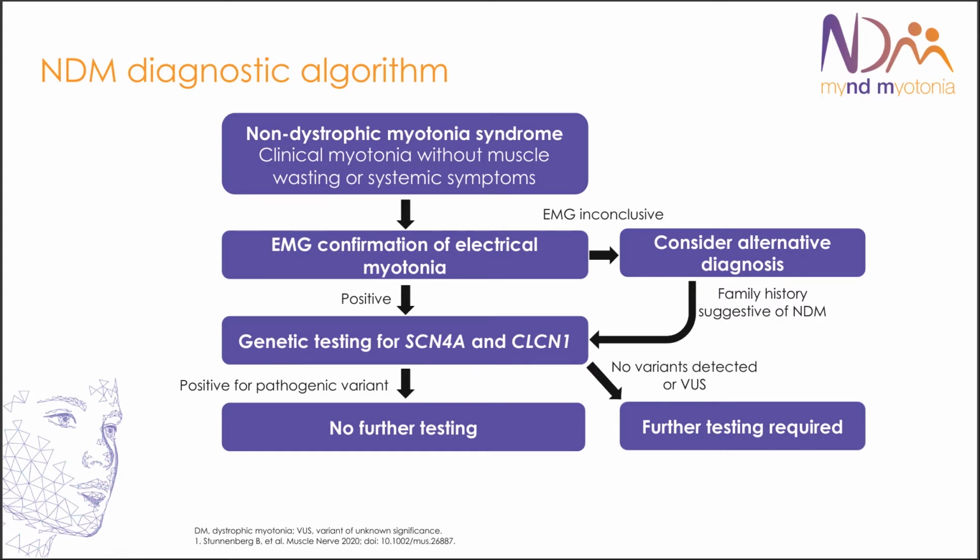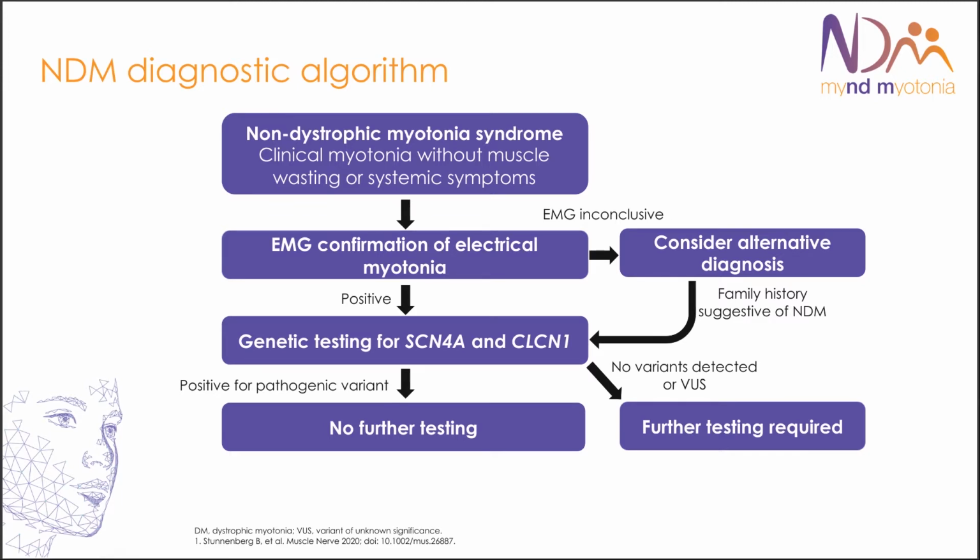If this is positive, we can go to the genetic testing for the sodium channel and the chloride channel, and if they are positive for a pathogenic variant, no further testing is required. If the EMG is inconclusive, consider an alternative diagnosis.